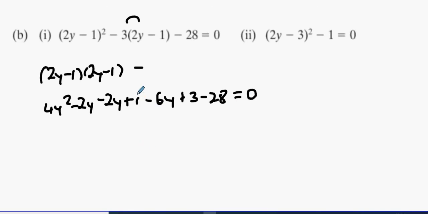4y squared, 10y, minus 10y, minus 24, equals 0. Divide across by 2.